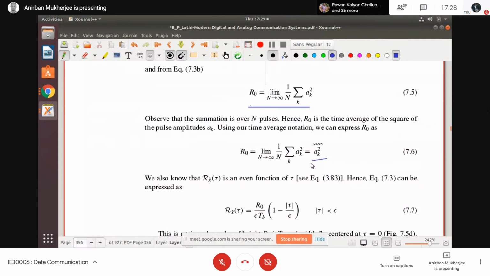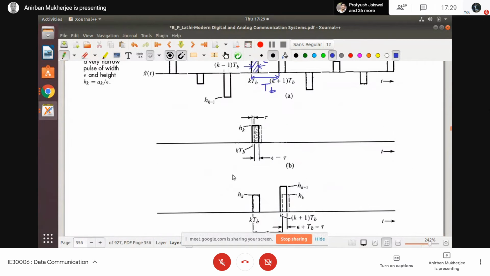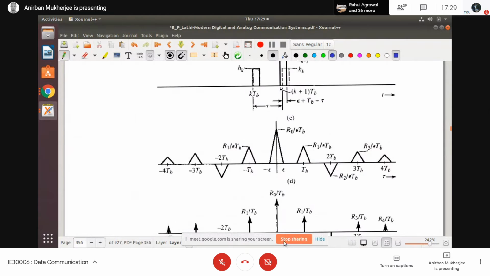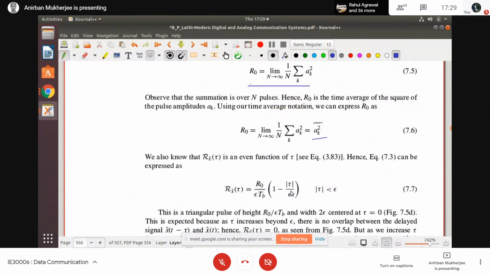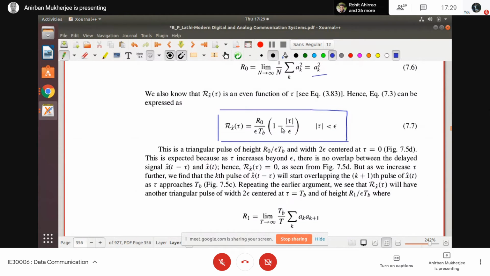Similarly, for Rx tau, if I see from equation 7.3, R0 by epsilon Tb, 1 minus tau by epsilon, this is your autocorrelation function, where mod tau is less than epsilon. Now what is the meaning of this one?